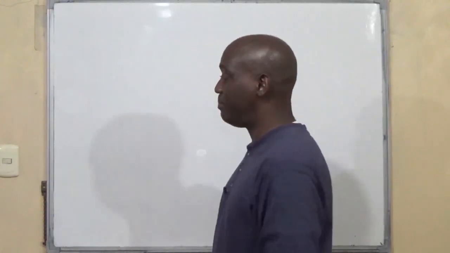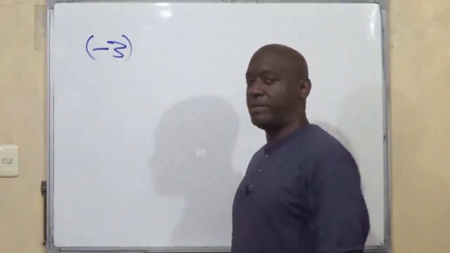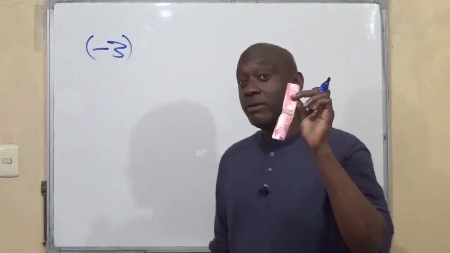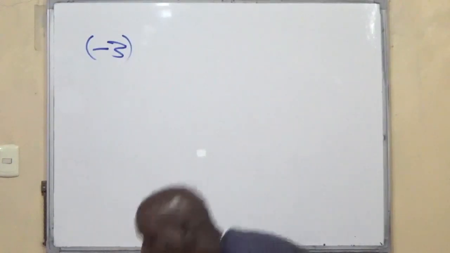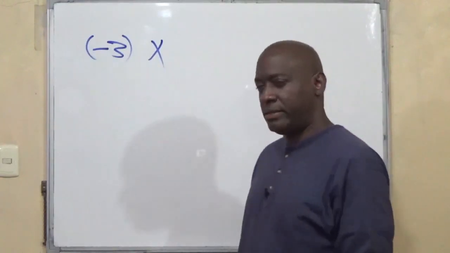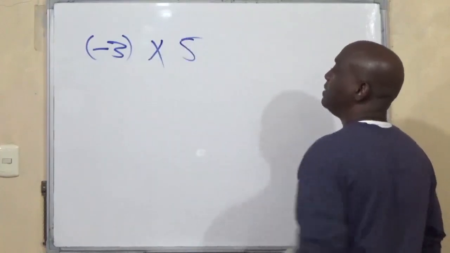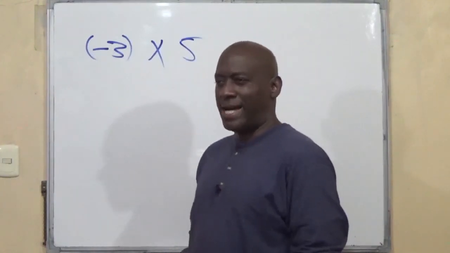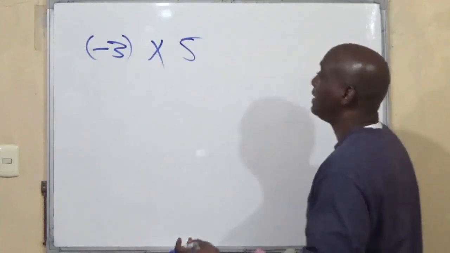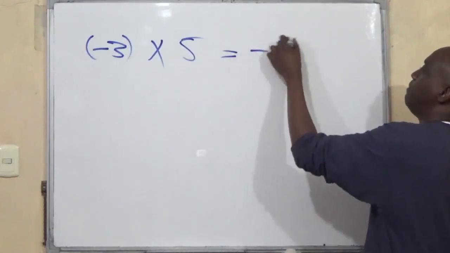The $3 that I have to pay, I could consider as minus 3 because it's a debt. So each of these words is a debt of $3. And because I'm paying over the course of 5 weeks, if I want to calculate the amount of money that I owe in total, I could consider this as minus 3 by 5, and that would be equal to minus 15.